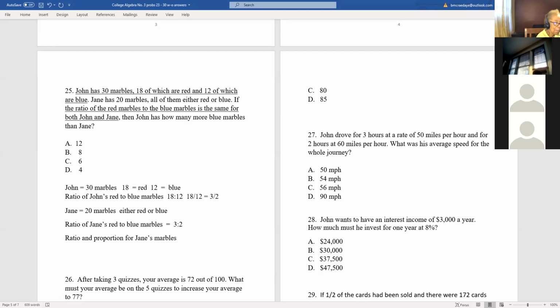Well, we know the ratio is 3 to 2. So let's put that ratio here. 3 to 2. That's the ratio of the red to the blue. So let's underline that and put the 2. And what is that equal to? 20?